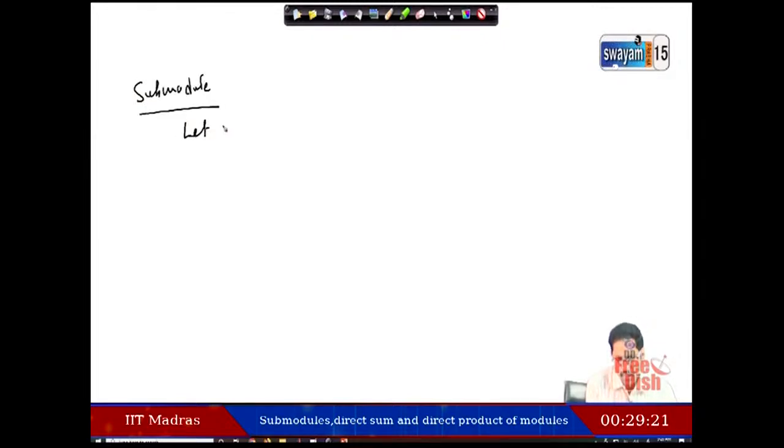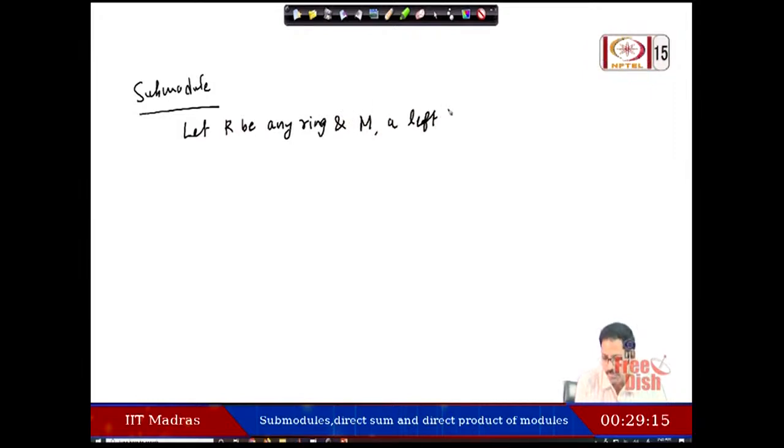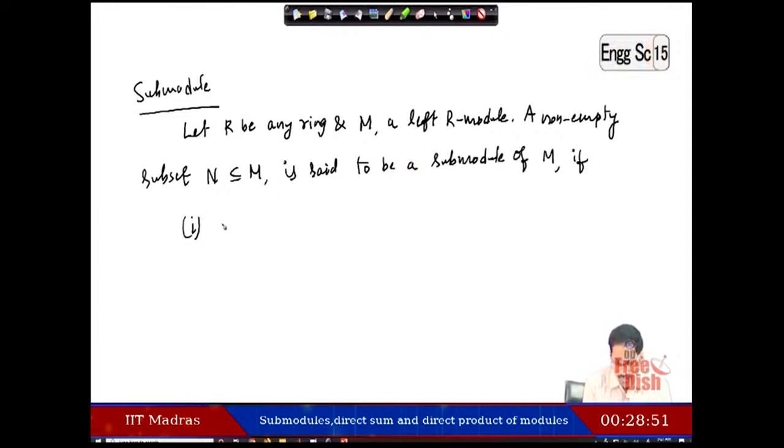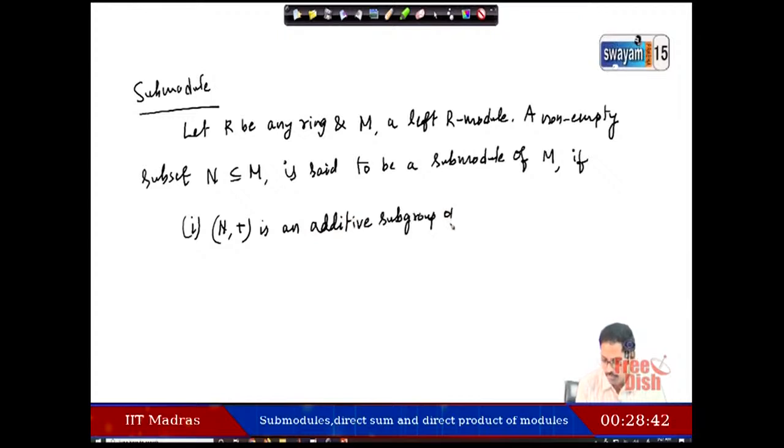Let R be any ring and M a left R module. A non-empty subset N of M is said to be a submodule of M if, first, N is an additive subgroup of M. Second condition: N is closed under scalar multiplication.